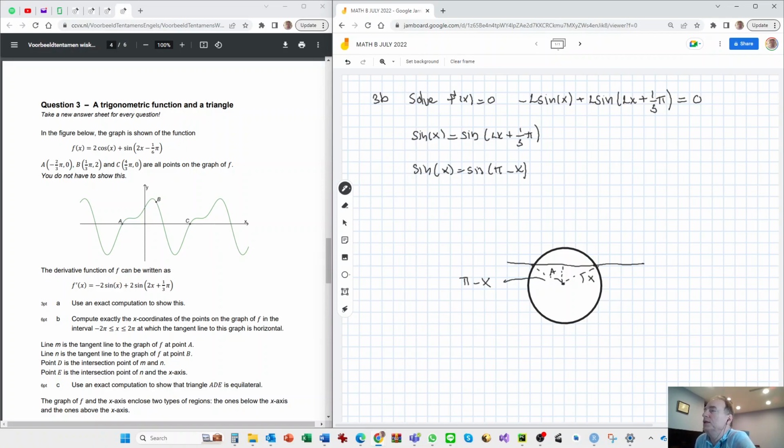So if x is equal to this, certainly this is true, but if x is equal to pi minus this, it's also true. So you get many more solutions.